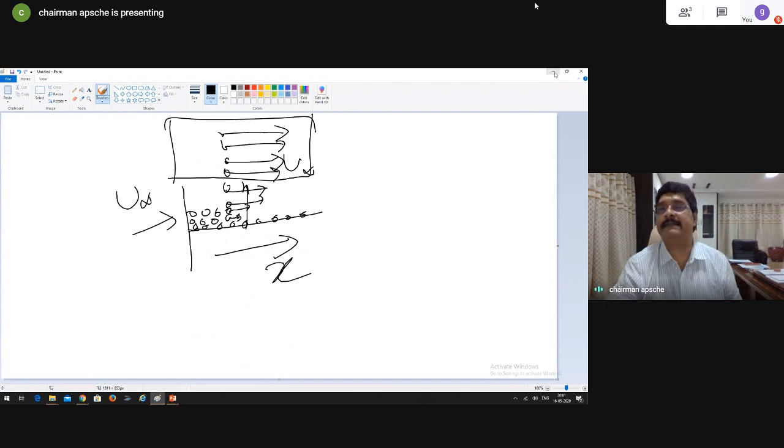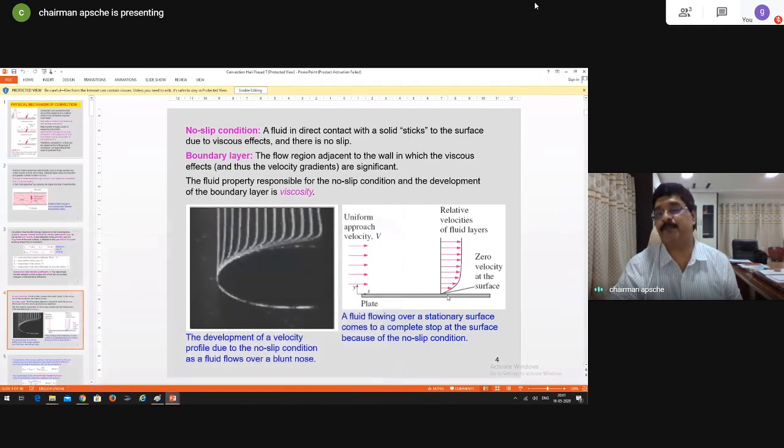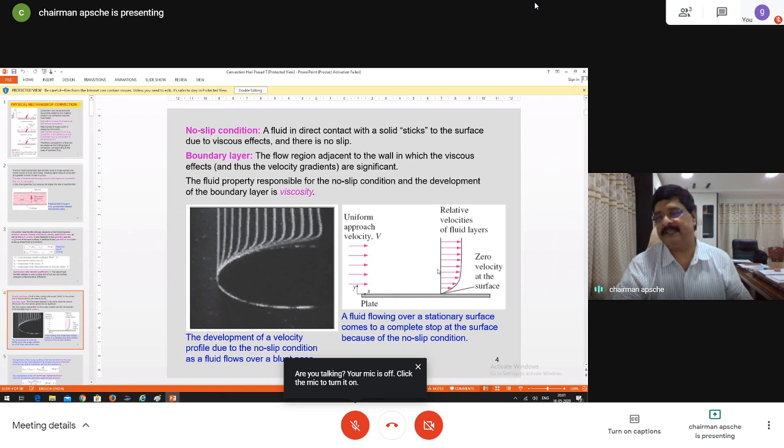Okay, did you understand this? And that's what is explained. Now look at the relative velocities of the fluid layers. Layer by layer, you find initially it is zero velocity at the surface, then slightly increased velocity, then further increase, and thereafter a constant free stream velocity V. From here on, the effects of the wall boundary are not felt by the fluid.